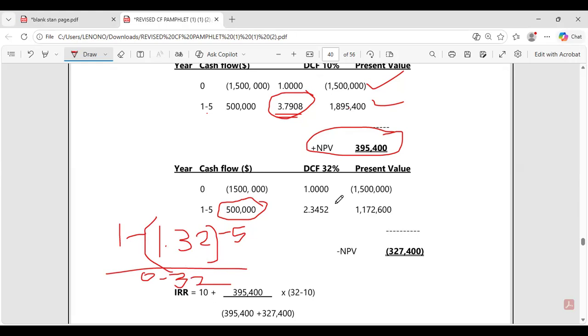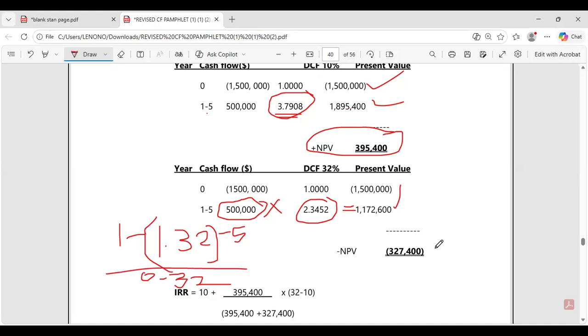This is how they got this factor, 2.3452. You multiply it to get this one, then subtract, and that gives us a negative 327,400.